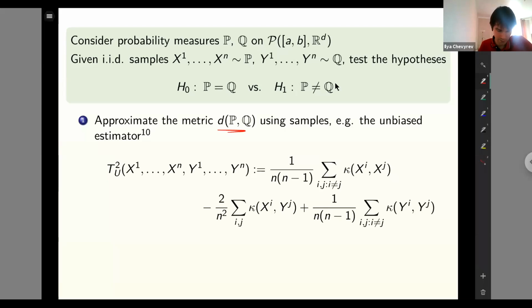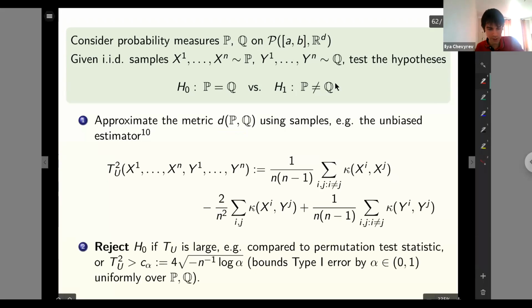In this paper that I mentioned before, they propose quite a nice unbiased estimator, which is this statistic T²u. It's just similar to how you compute variances. And then the strategy is that you reject H0 if this test statistic Tu is large. The way that you determine what large means in this case is up to you.